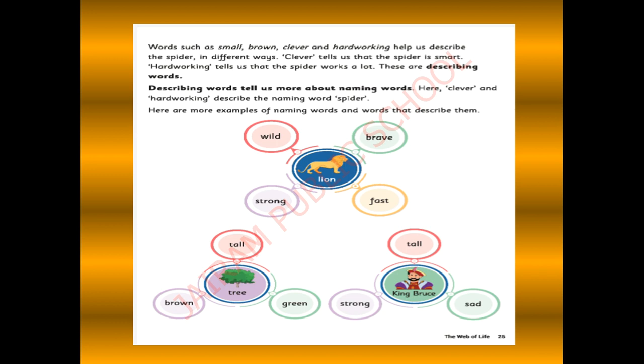Okay, see here, third one, King Bruce. King Bruce looks tall, and also he was sad, he was strong. So they describe King Bruce with 3 describing words. Like this, you can take one naming word and describe it with many describing words.